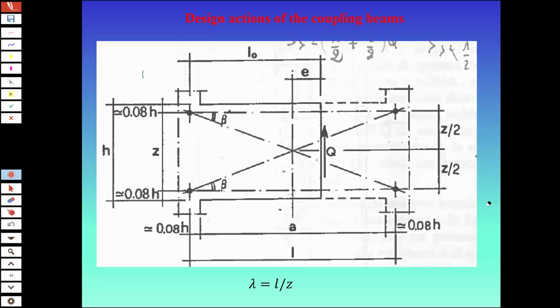We will employ a strut and tie mechanism, as a matter of fact. And as we have said Friday, we are hypothesizing that the element behaves in such a way. But then the way in which we design it and the way in which we detail it will be responsible for the element to behave exactly like that.